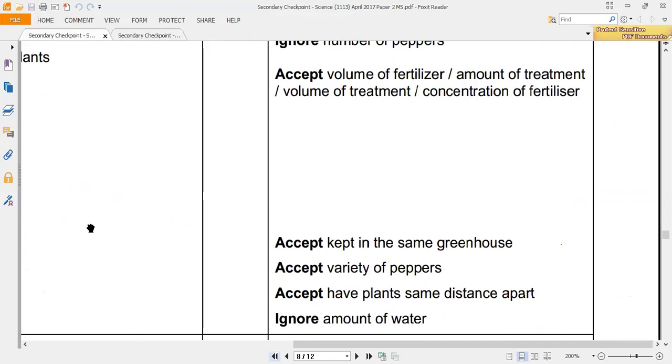Also, it will be accepted if you mention volume of fertilizers, the same greenhouse, variety of peppers, same distance apart. If you say amount of water, it will be ignored and will not be accepted.